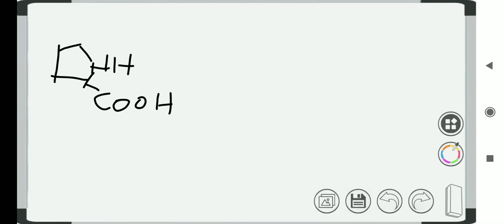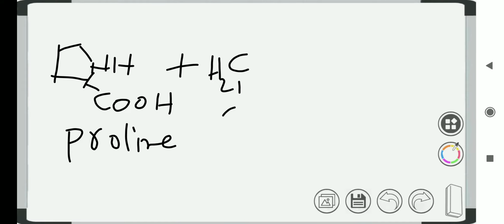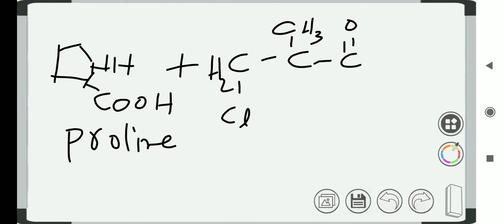Imagine it's a pyrrolidine nucleus, it will have the carboxylic group, it will become proline. To this proline we are going to attach the propyl chain, which is a halogen substituted carbonyl derivative, that's a propionyl chloride.